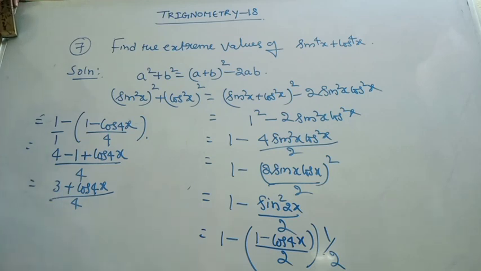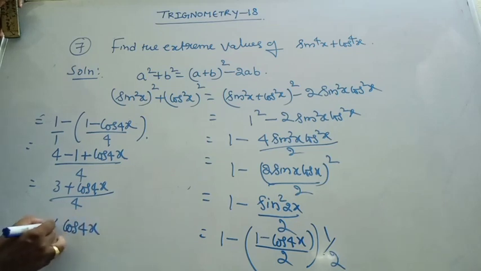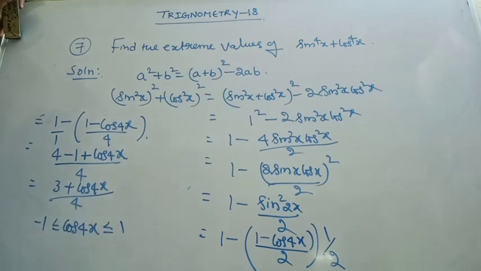And you know that cos 4x values lie between minus 1 and 1, right?